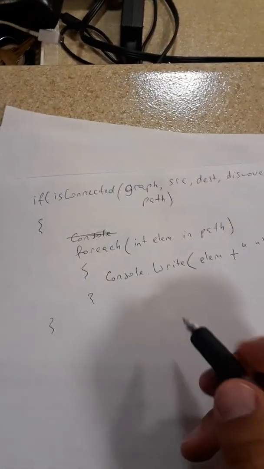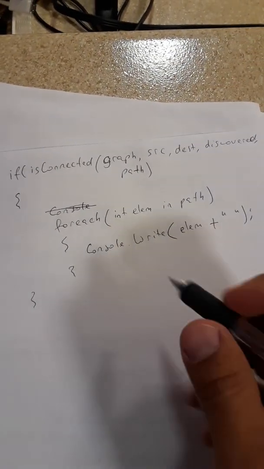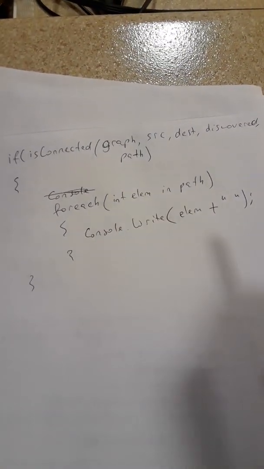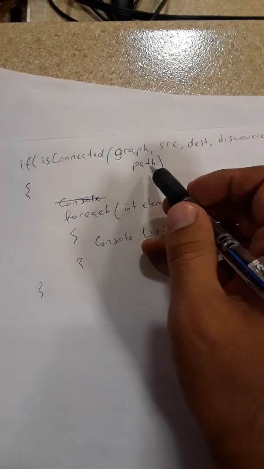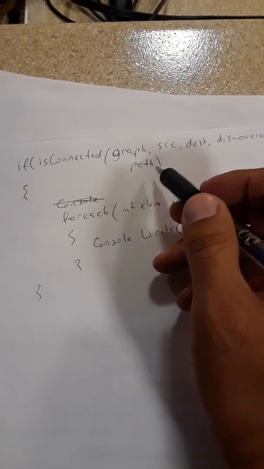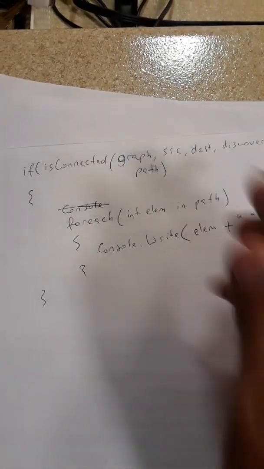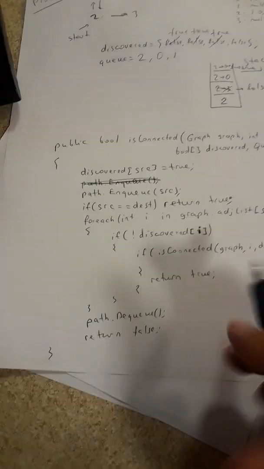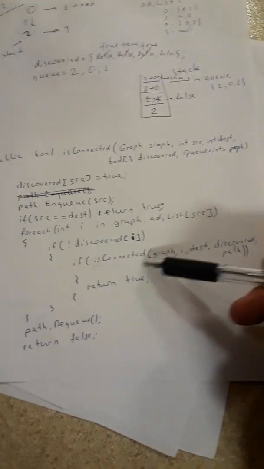Yeah, that's it. With this we will print all the elements from the queue, which will be storing the data that we found by calling this function recursively.